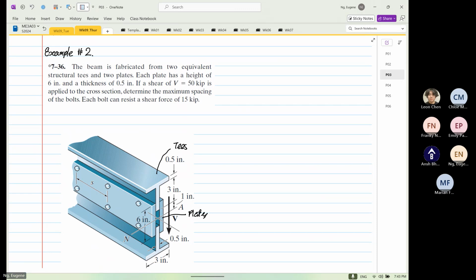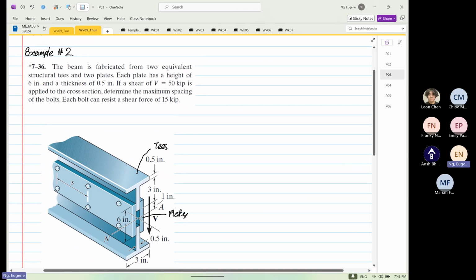Each plate has a height of 6 inches, so the overall height is 6 inches, and a thickness of 0.5 inches for the plates. If a shear of V equal to 50 kilopound force is applied to the cross section, determine the spacing of the bolts. Each bolt can resist a shear force of 15 kilopound load.